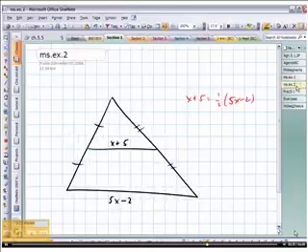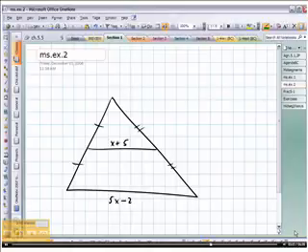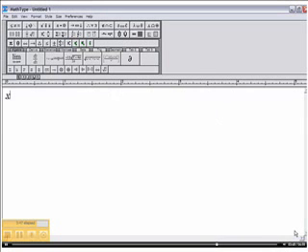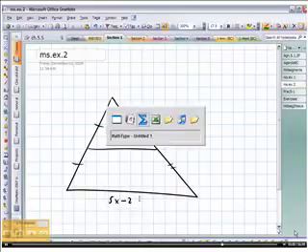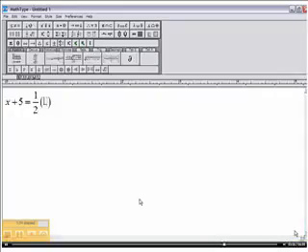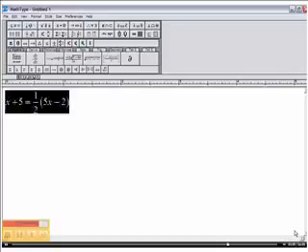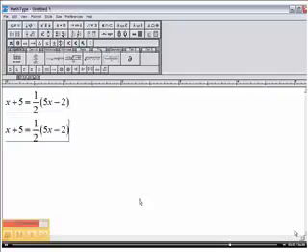This is a case kind of like the homework where we have a mid-segment and a third side. Okay? And so we know the mid-segment will be half of the third side. So I can say x plus 5 is half of the third side, which is 5x minus 2. So to solve this, what I'm going to do is multiply both sides by 2.